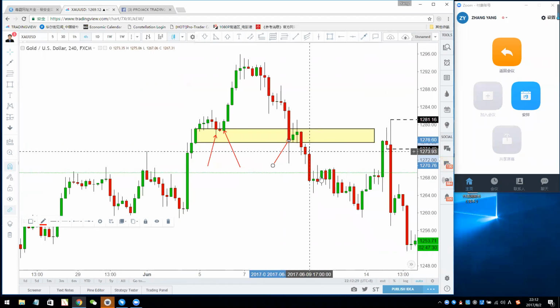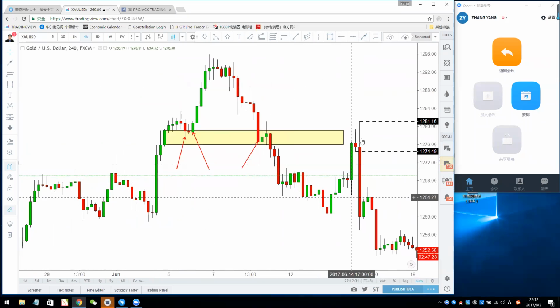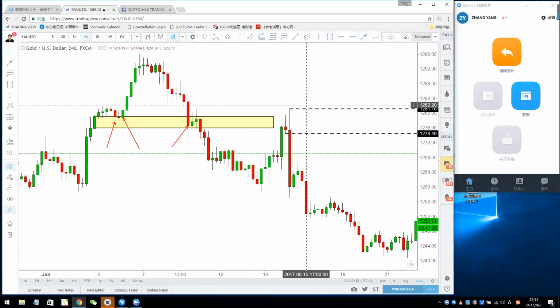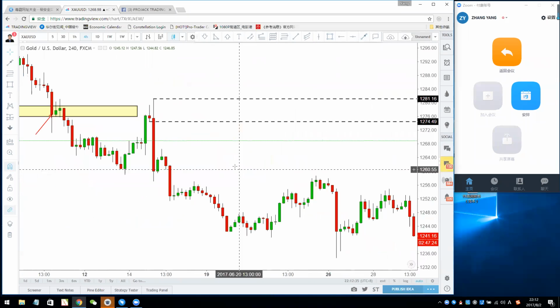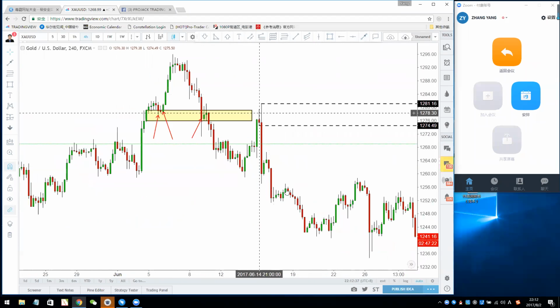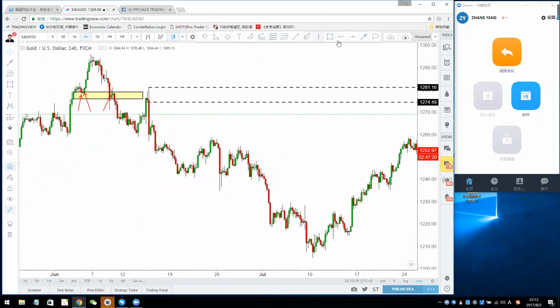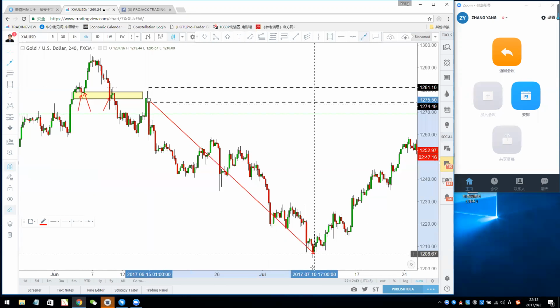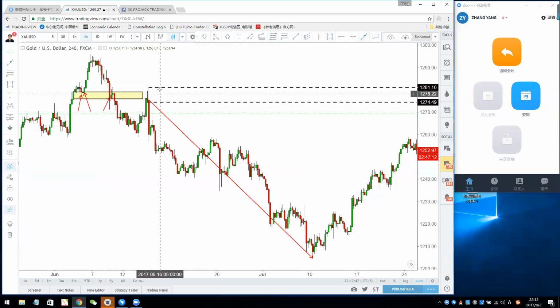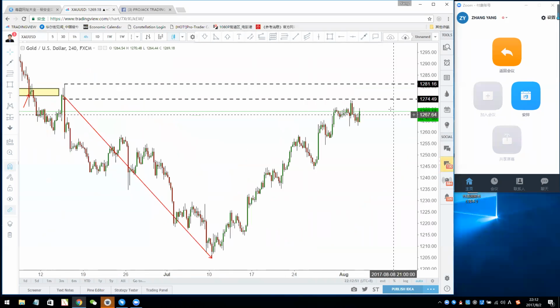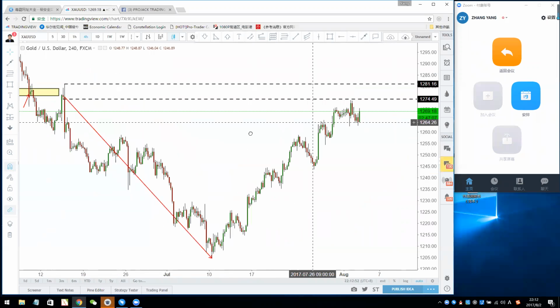Support, and then break down, and then pull back, cannot close above, then another sell. This is the origin of the bearish move for the whole 700 pips, from 1274 to 1204. So this is the origin of this downtrend move. So this zone is very, very important.